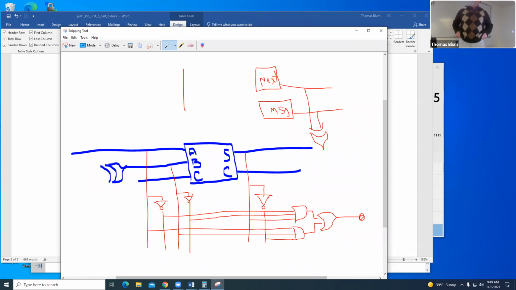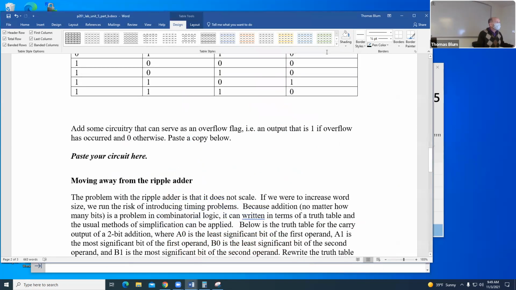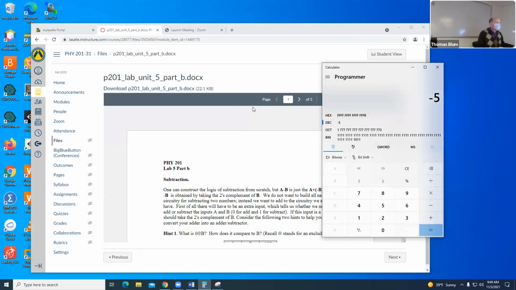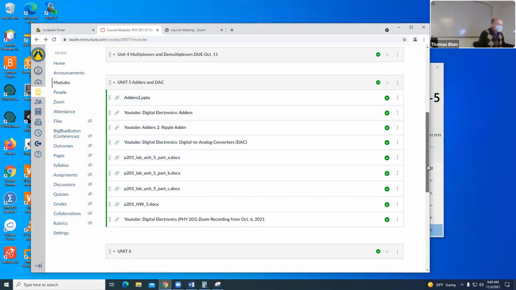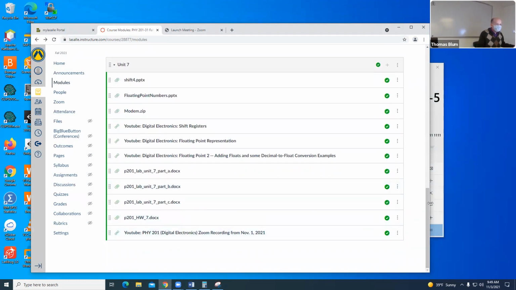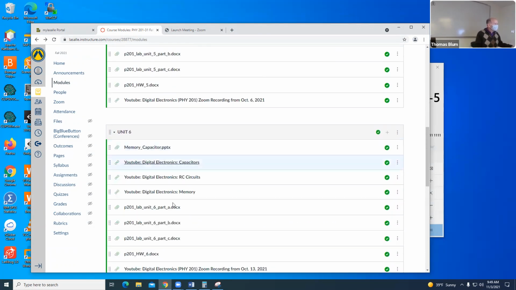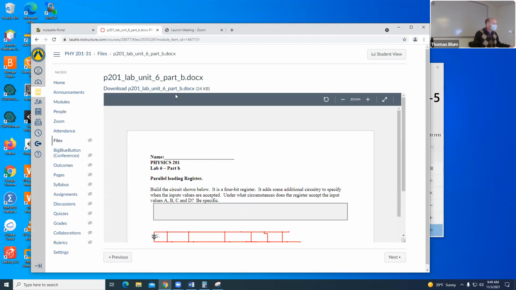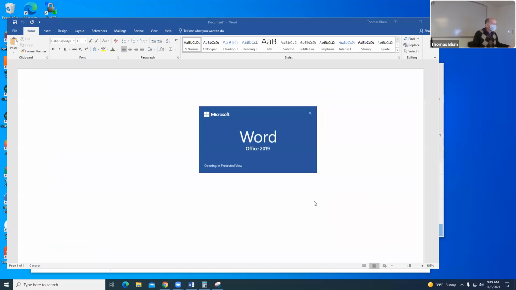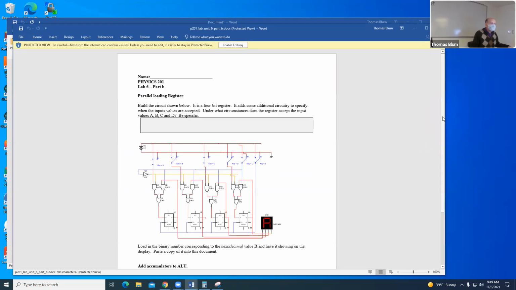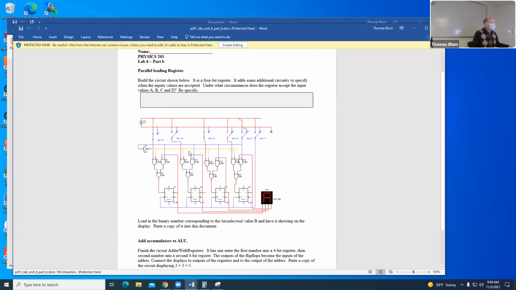Any other? Yes. Part B, lab 6. Lab 6, part 7, and it's part B. Okay.